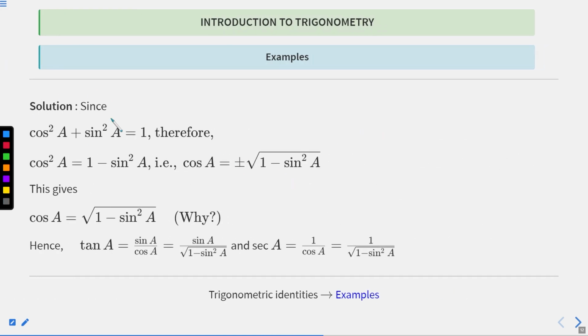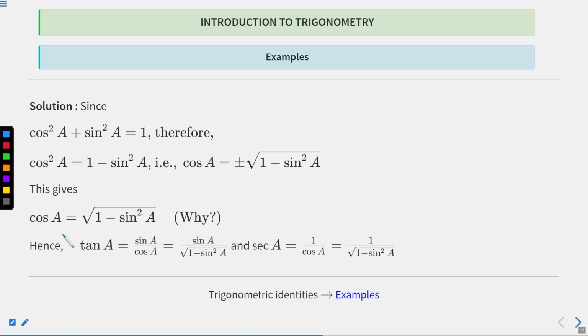Since we have the identity cos square a plus sin square a is equal to 1, from this identity we get cos square a is equal to 1 minus sin square a. That is, cos a is equal to plus minus square root of 1 minus sin square a, and this gives cos a is equal to square root of 1 minus sin square a.